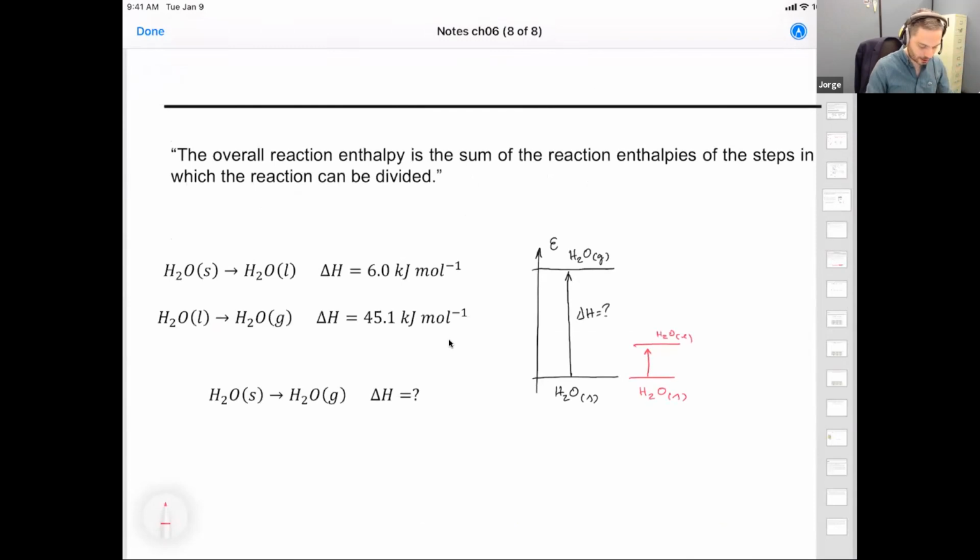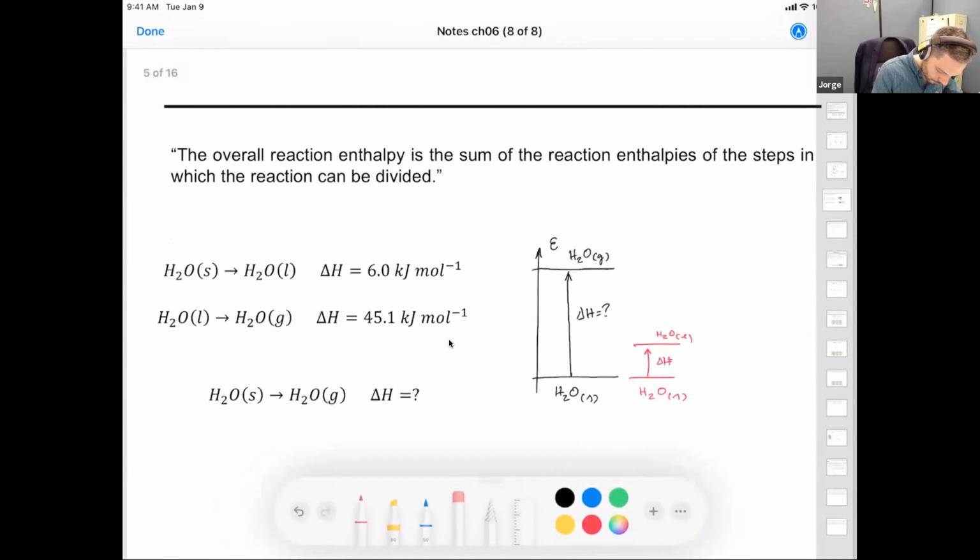So that's the very first small step. And we also have the delta H, which is plus 6 kilojoules per mole.